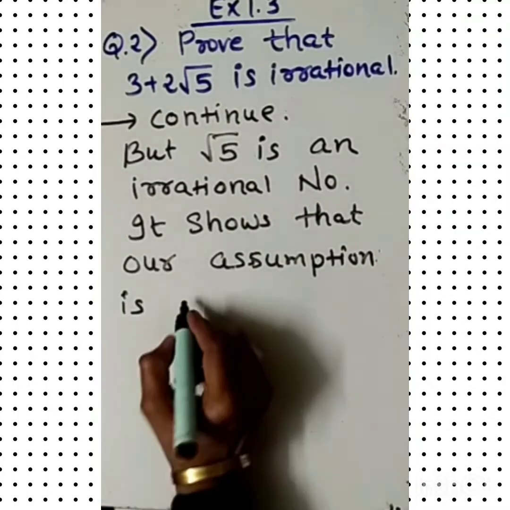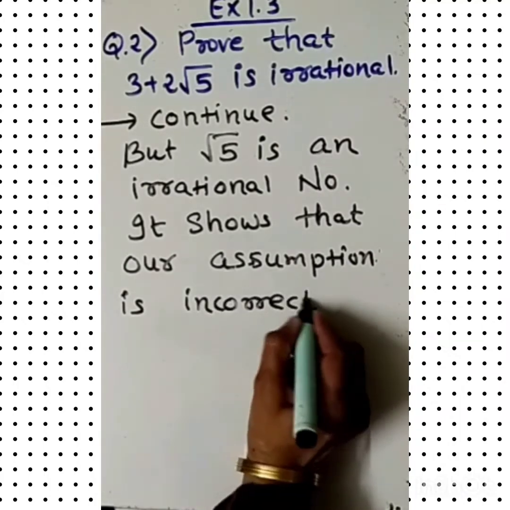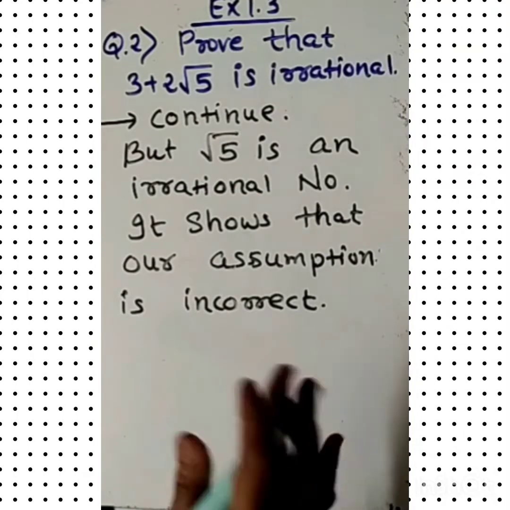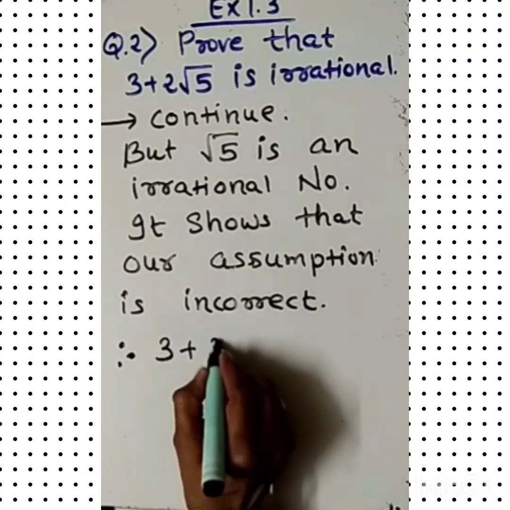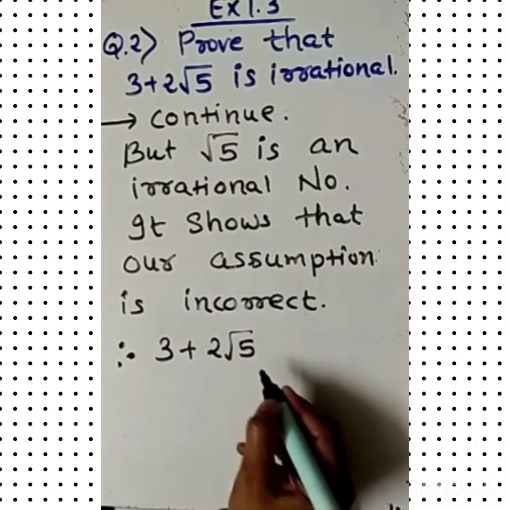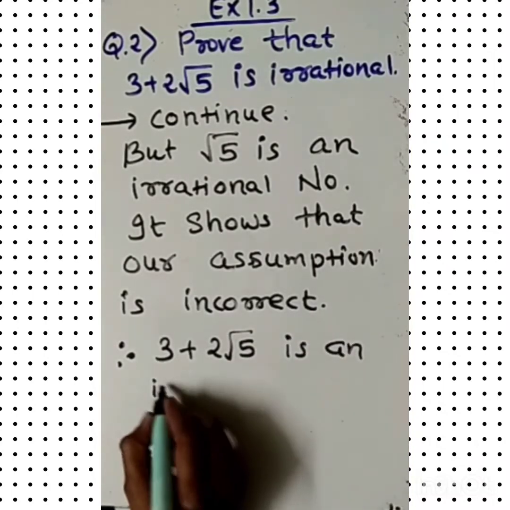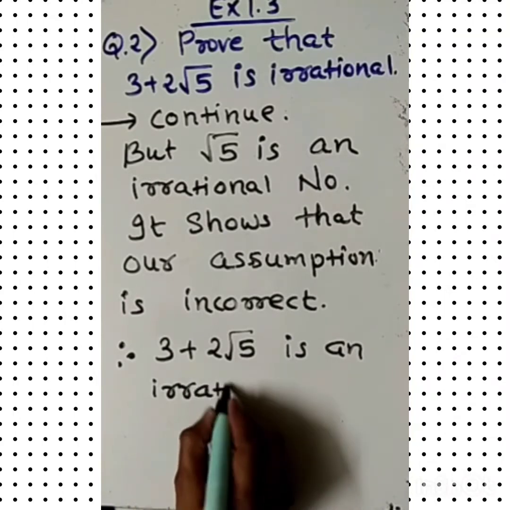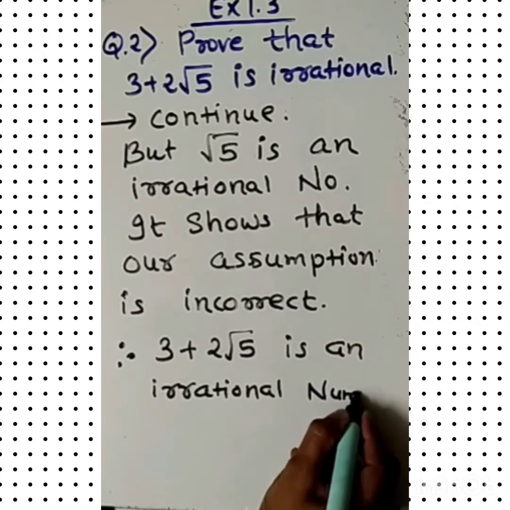Notice, it is incorrect, which means it is contradictory to what you assumed. Then, therefore, 3 plus 2 root 5 is an irrational number. Clear to you? Every time we need to learn the same steps.